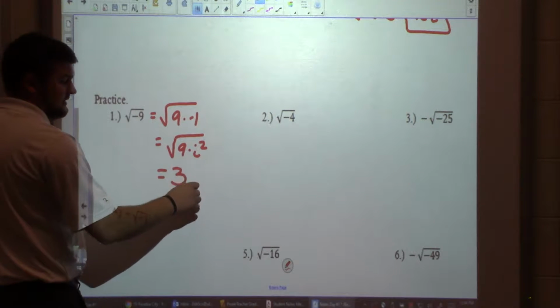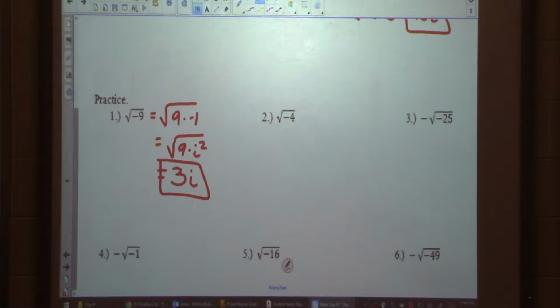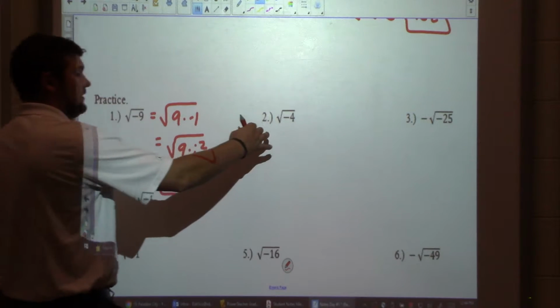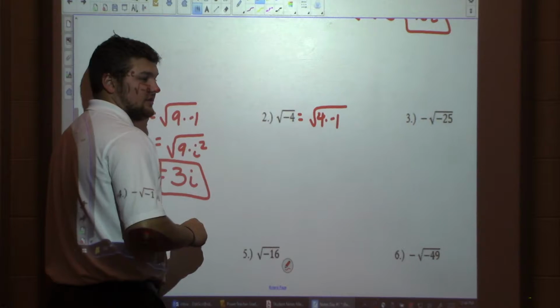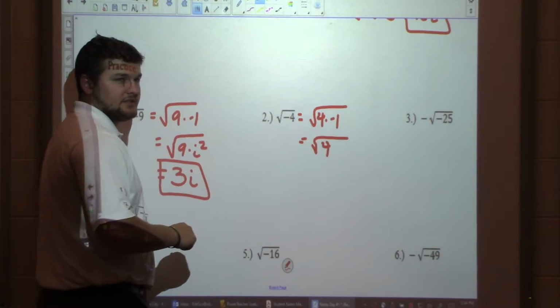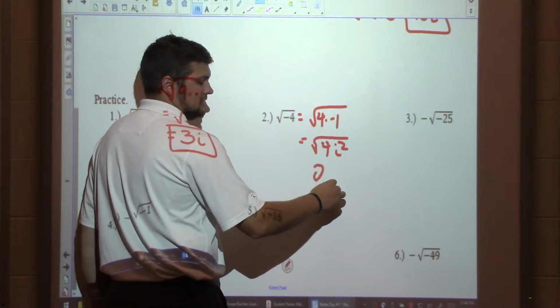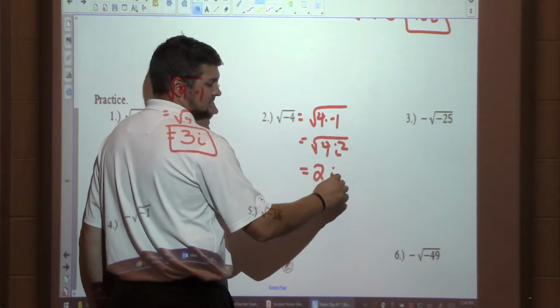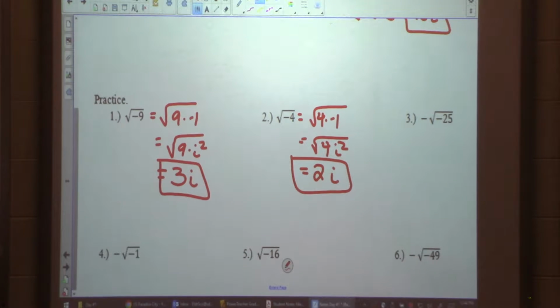The square root of i squared is i. 3i. Square root of negative 4 is the same as the square root of 4 times negative 1. Negative 1 is the same as i squared. Square root of 4 is 2. Square root of i squared is i. I get 2i. This makes sense so far?